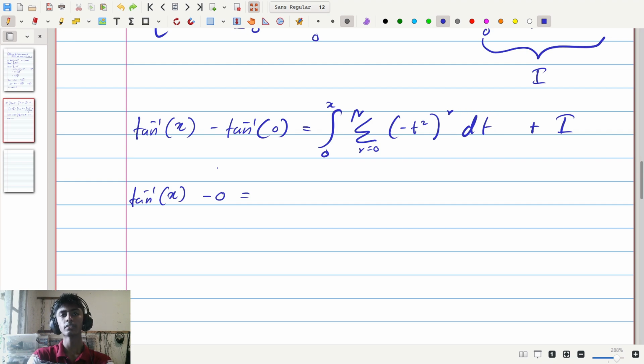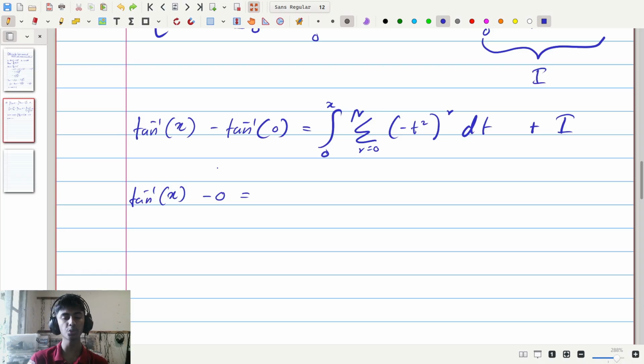Now here, since r and t are independent of each other, meaning that no matter what we do to r, t is going to do whatever it does, and no matter what we do to t, r is going to do whatever it does, we can actually swap the integration symbol and the summation symbol, because integrating the sum in this case is the same as summing all of the integrals in this case.